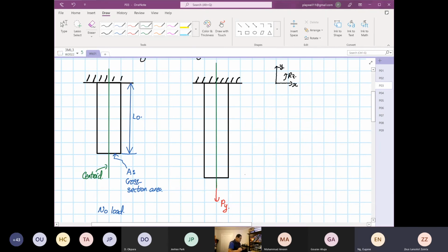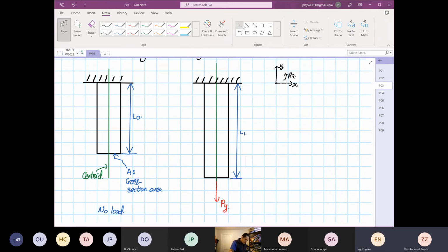So when the load is applied, we have a change in length now. The distance from here to here is L1.